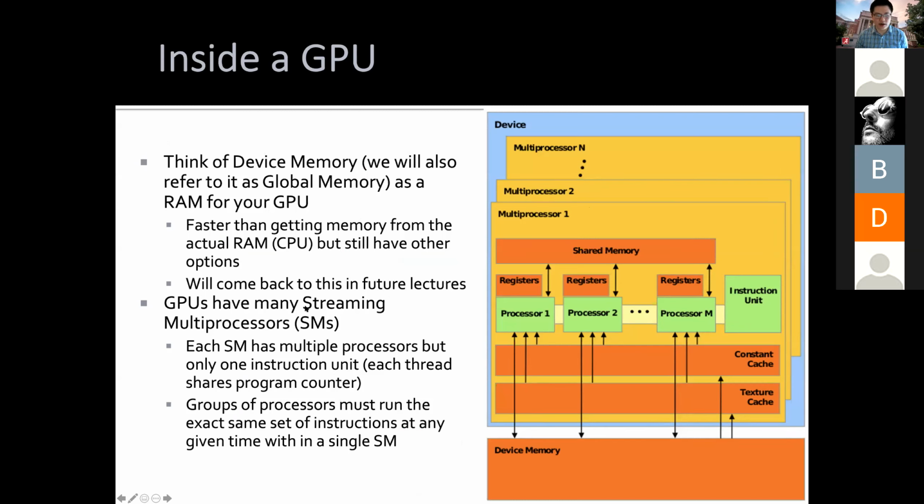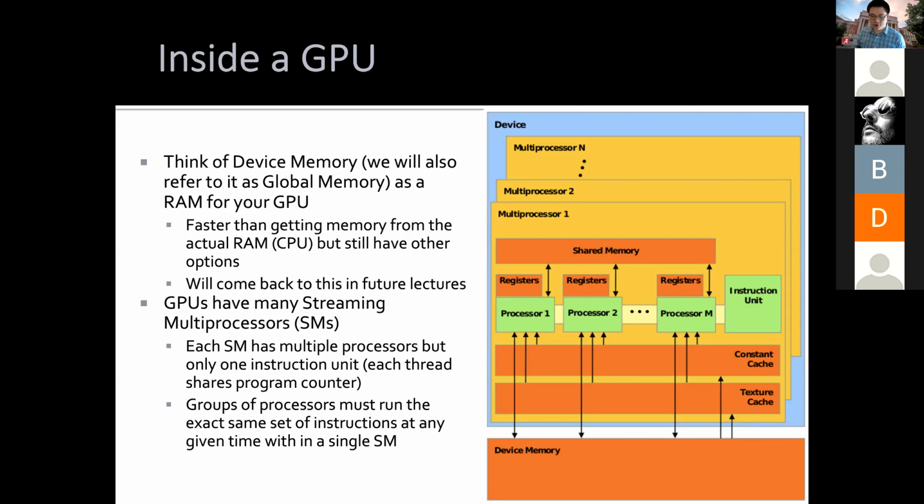Okay, and the GPU has some streaming multiprocessors, as I mentioned. Each streaming multiprocessor has multiple processors, CUDA cores, but only one instruction unit. So each thread shares a program counter. And the groups of processors must run exactly the same set of instructions at any given time within a single SM. So this is the architectural explanation of warp divergence, right?